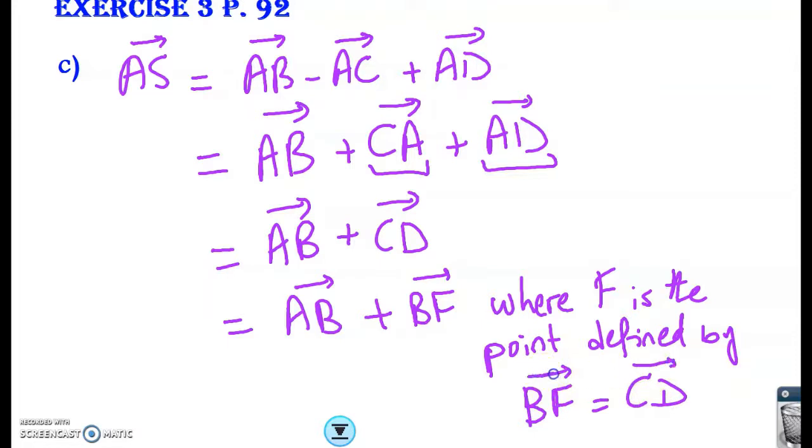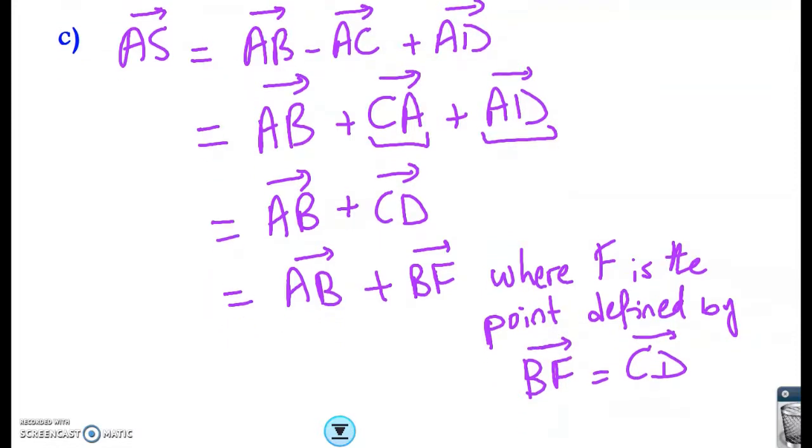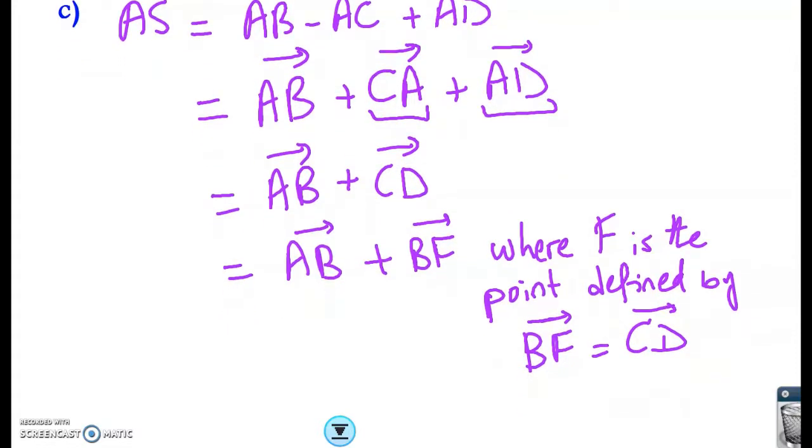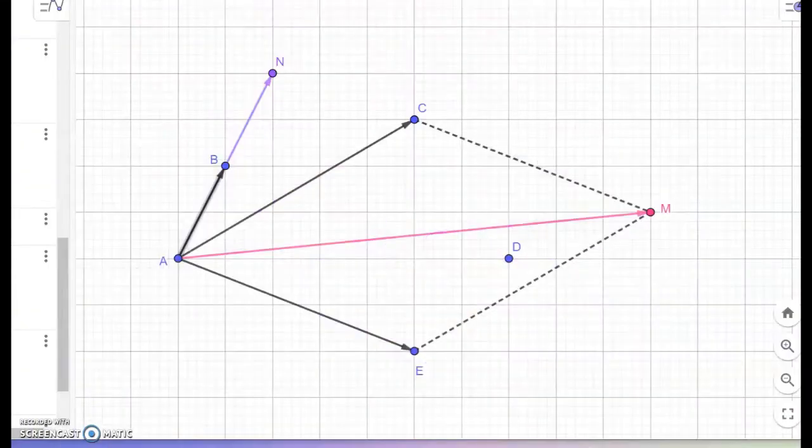Okay, so let's go to the figure and let's start first by drawing F. So how can we draw F? BF, we said BF equals CD. So I will draw first vector CD. So this is CD. And BF should be equal to CD.